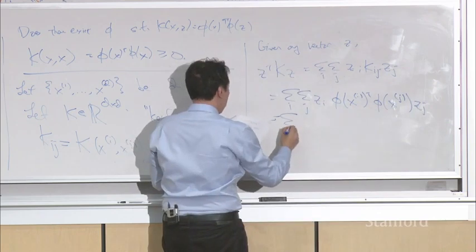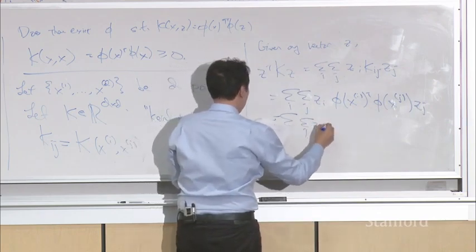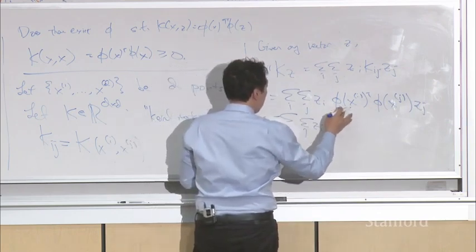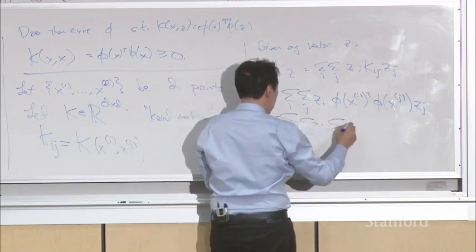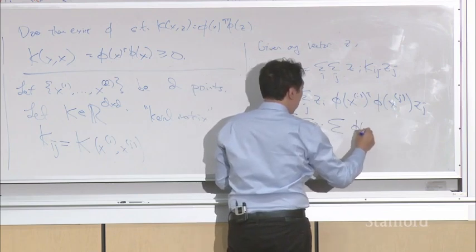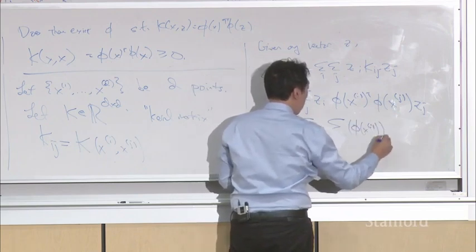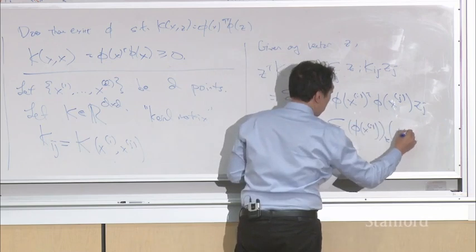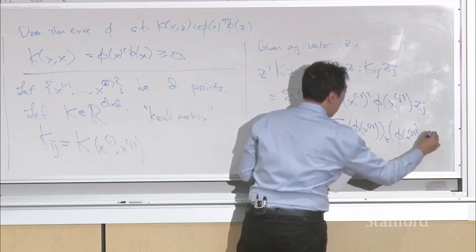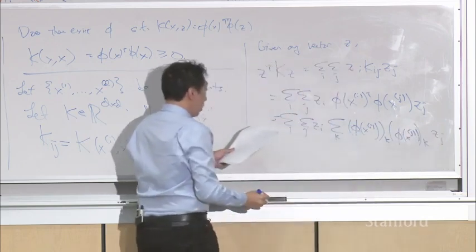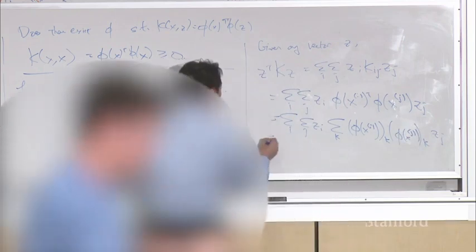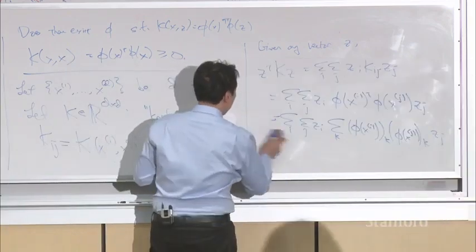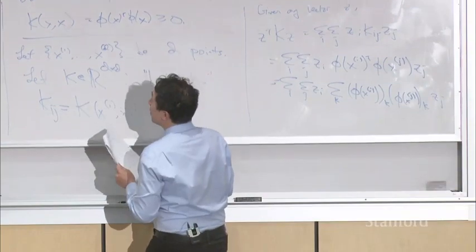And by a couple other steps, let's see, this phi of xi transpose phi of xj, I'm going to expand out that inner product. So the sum over k of phi of xi element k times phi of xj element k times zj. And then rearranging sums is the sum over k. Actually, sorry, I'm running out of whiteboard. I'll just do it on the export.